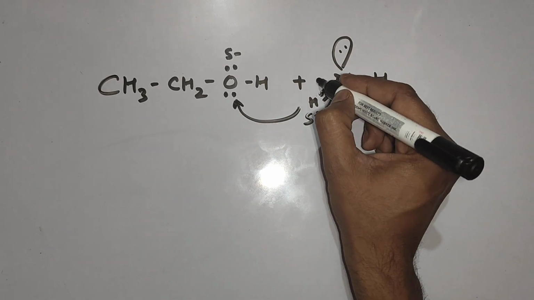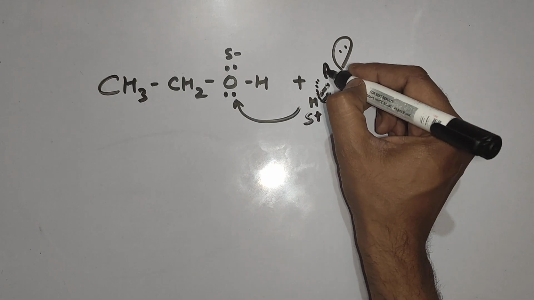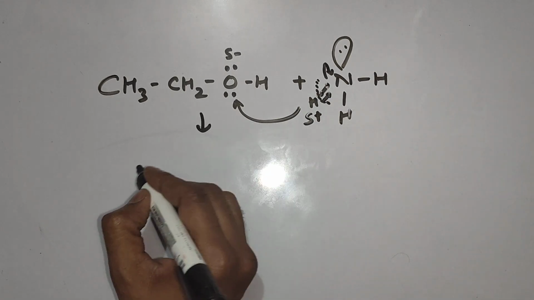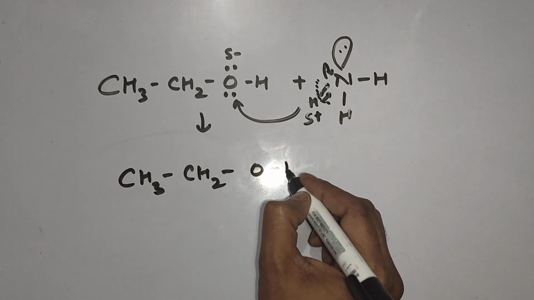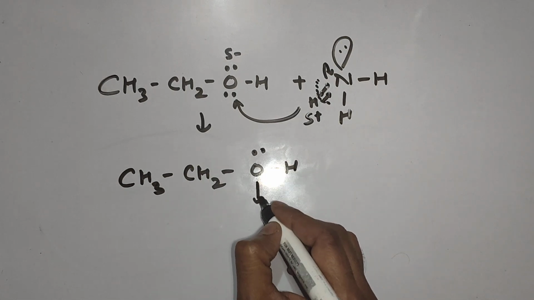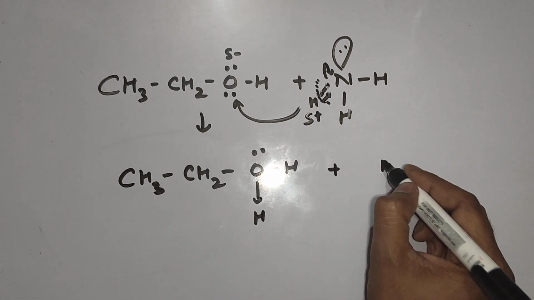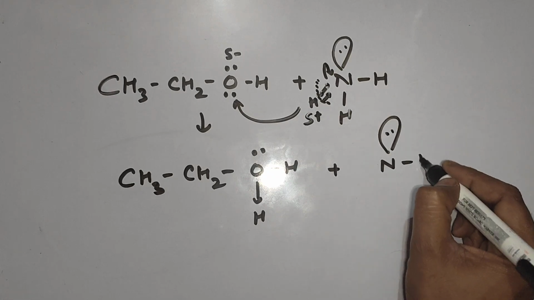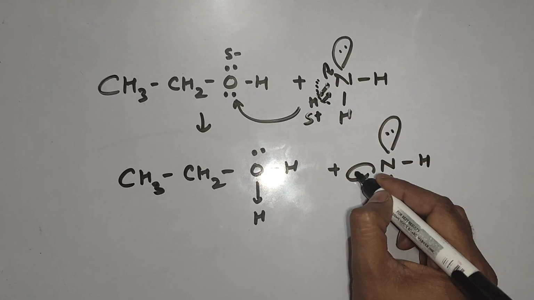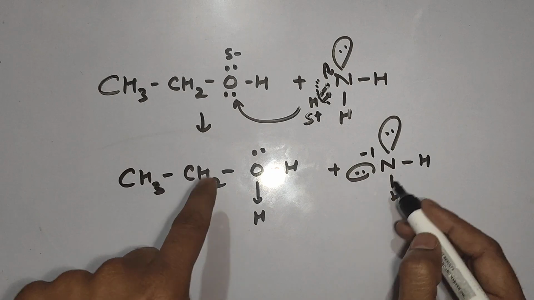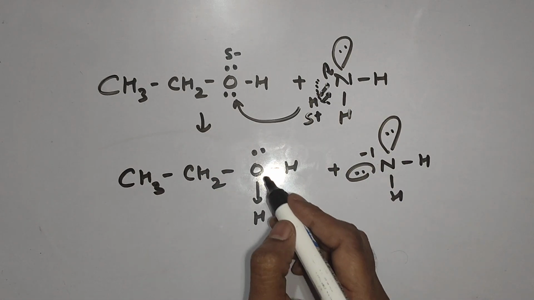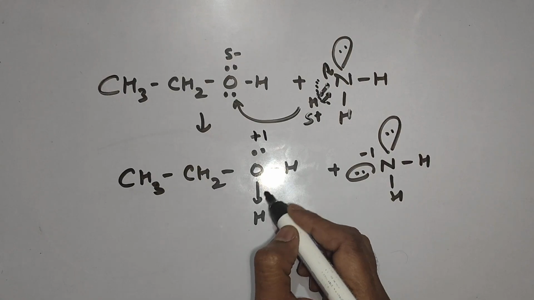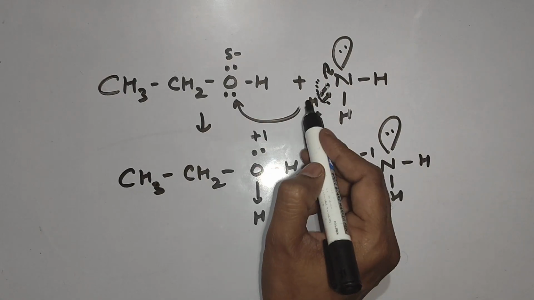They will combine. The bond between nitrogen and hydrogen will break and electrons will shift toward nitrogen, due to which CH3, CH2, H and nitrogen will be in this condition, negatively charged. The extra electron from hydrogen is on it, and this oxygen will become +1 charge because it is making a dative bond with the hydrogen.